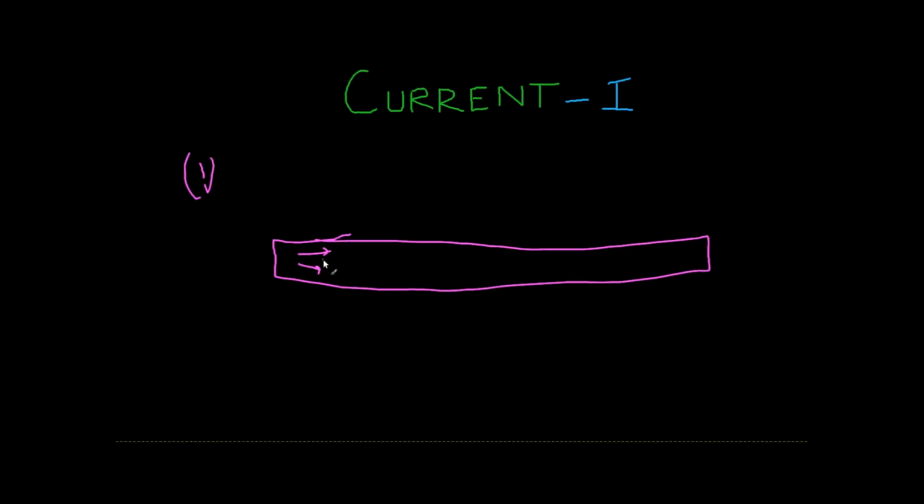When they move in a conductor and come across fixed positive ions and other particles, these offer resistance to the electrons, and they collide with them, and that's what resistance means.